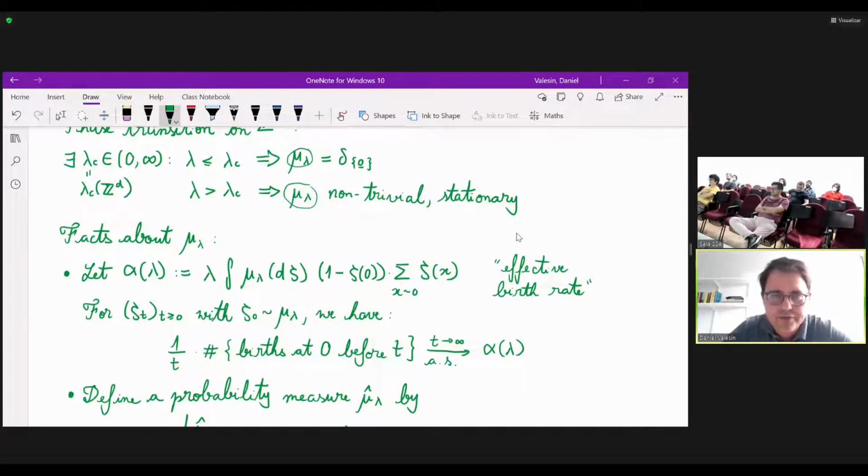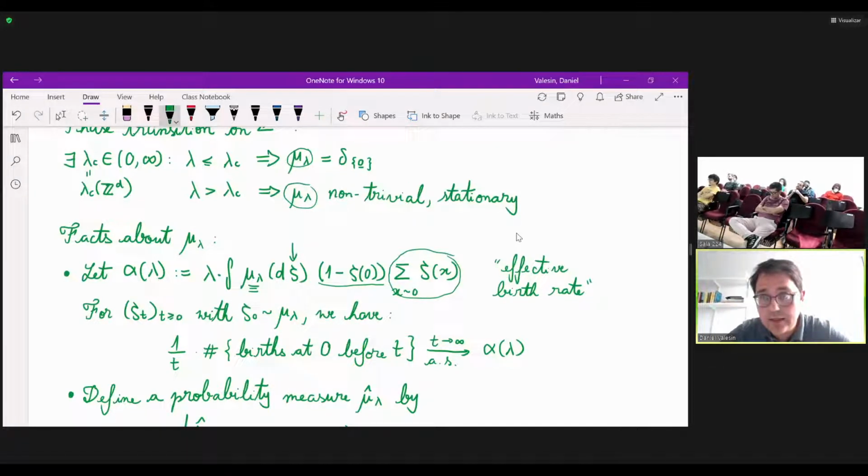It's defined as follows. It's lambda times a certain integral with respect to the upper stationary distribution. You sample a configuration from the upper stationary distribution, then you ask if the origin is empty, so you want the origin to be empty, and then you multiply by the number of occupied neighbors of the origin.